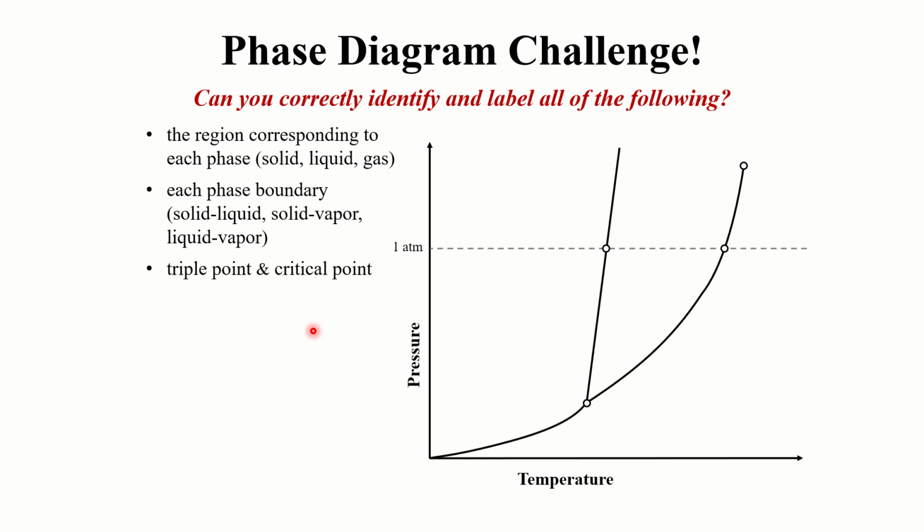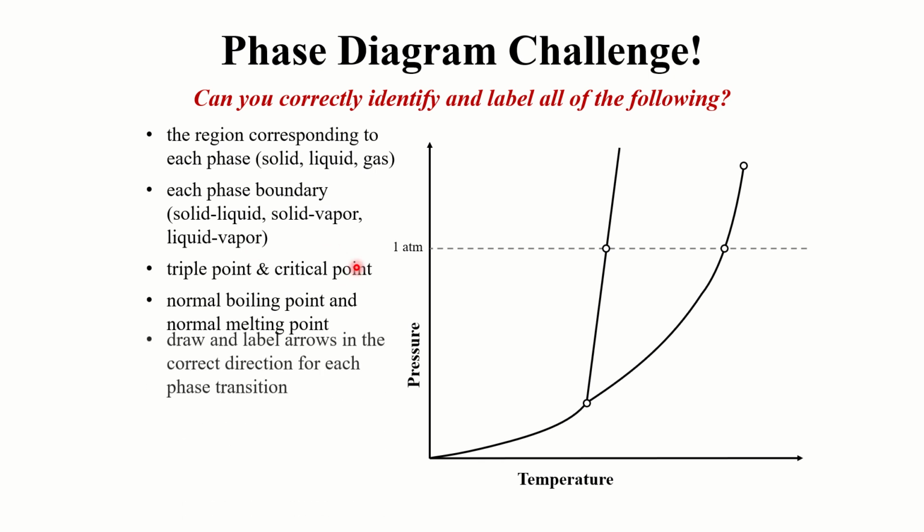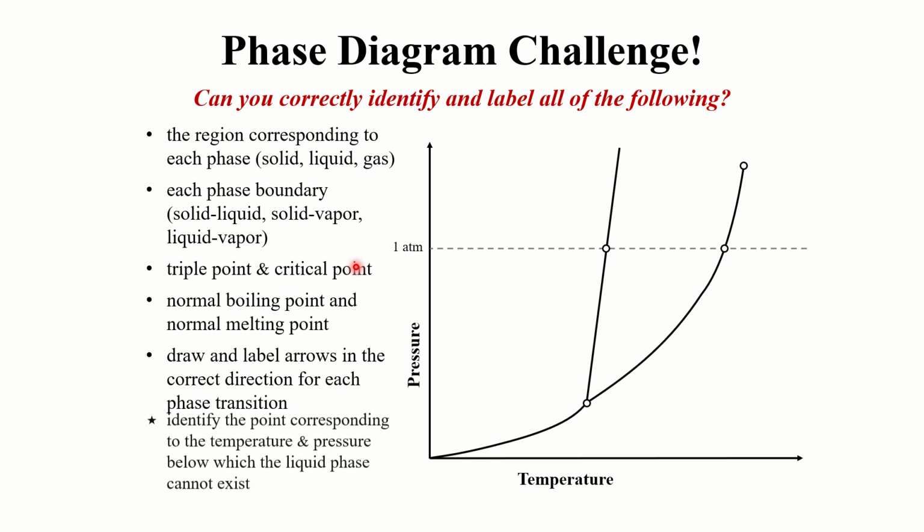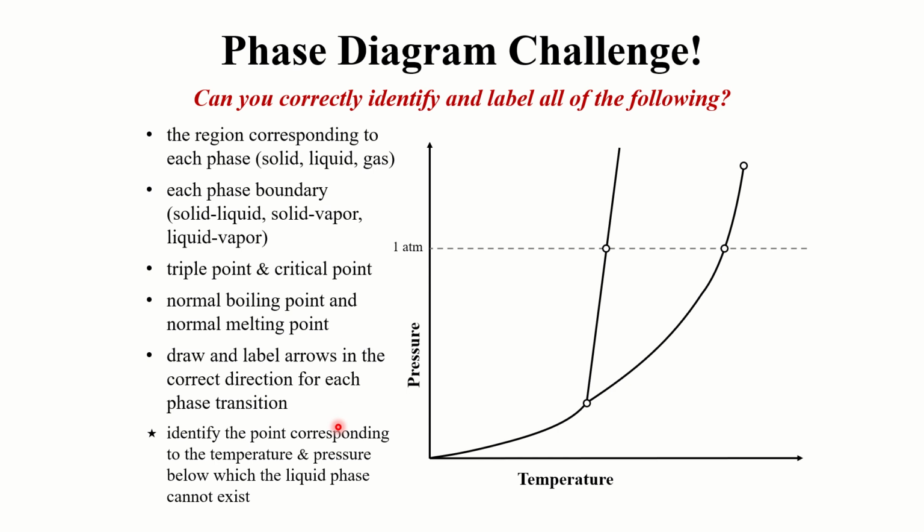You should be able to identify the triple point and critical point, as well as the normal boiling point and normal melting points. It may also ask you to draw and label arrows in the correct direction for each phase transition.